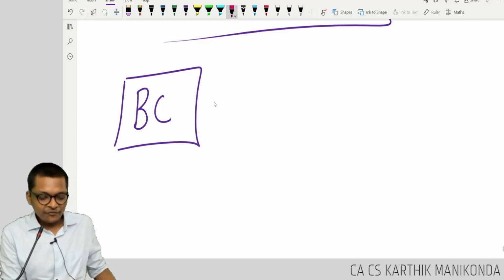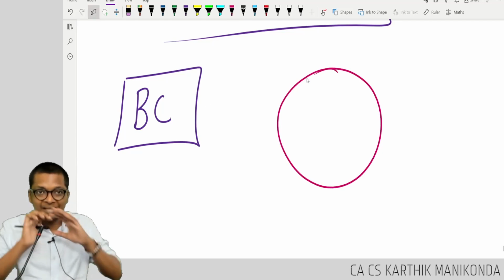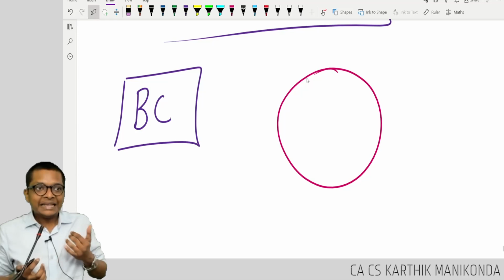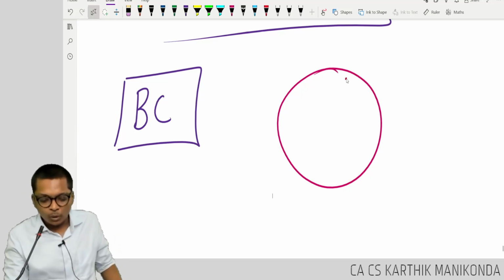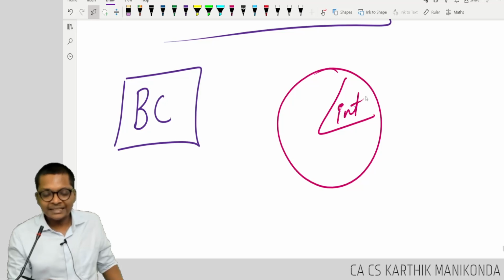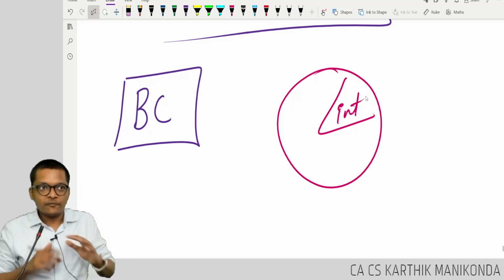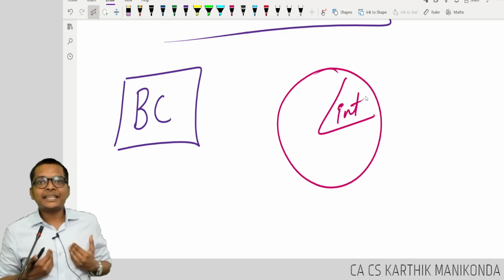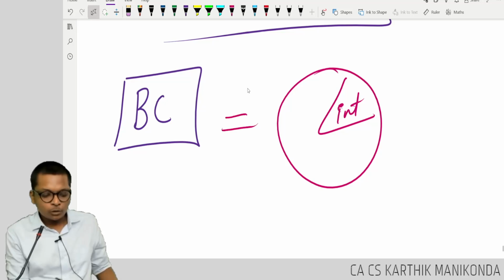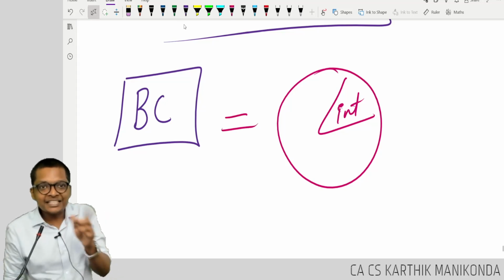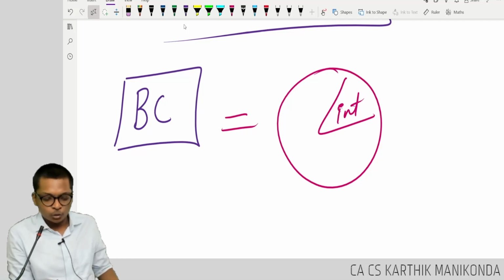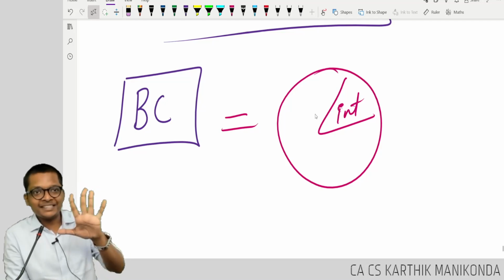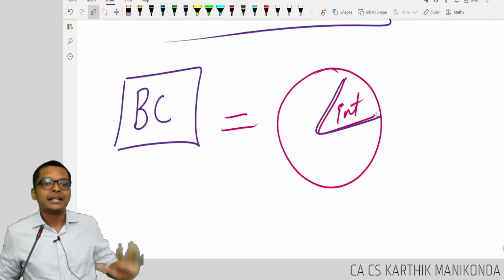But the definition of borrowing cost is much wider. It includes a lot of things. One among them is interest. Are you following? But for the standard, I will keep saying borrowing cost is equal to interest. I will use them interchangeably for ease of understanding, but in the end I will tell you borrowing cost includes 5 things. In that, one thing is interest.